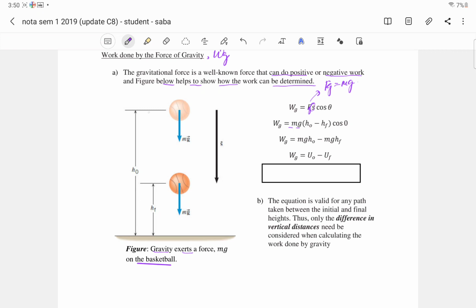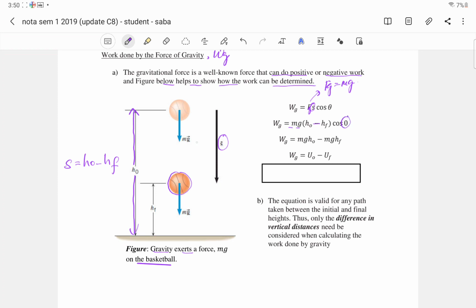Displacement is from h naught, or h initial. This is our h naught, the height here, minus h final. So it means the ball reaches here. So we have our displacement s, where s is h naught minus h f, times cos theta.